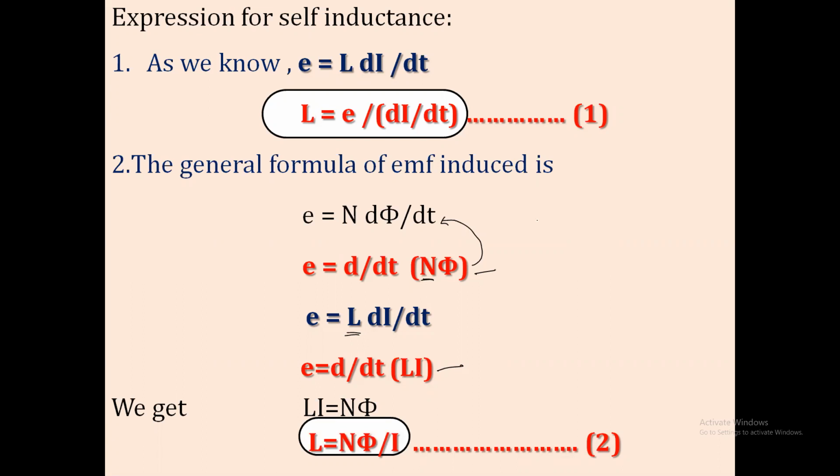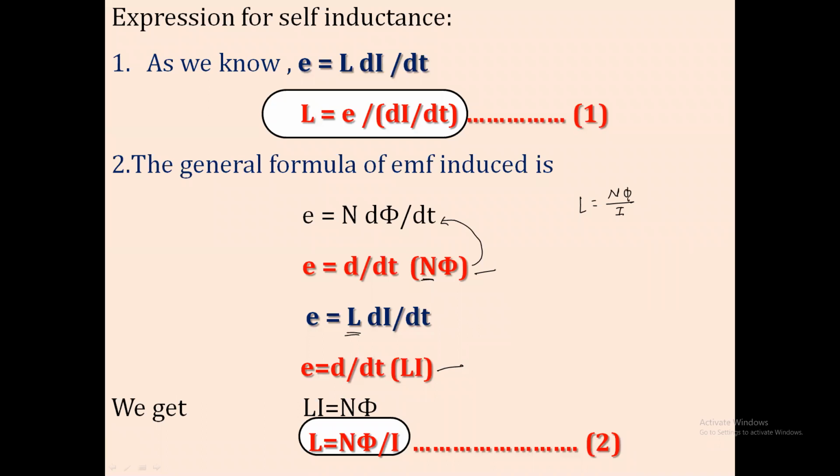Now if you look at this equation carefully, L is equal to N phi upon I. Out of whatever terms are present on the right-hand side, what does this N stand for? It's the number of turns, which is always constant.